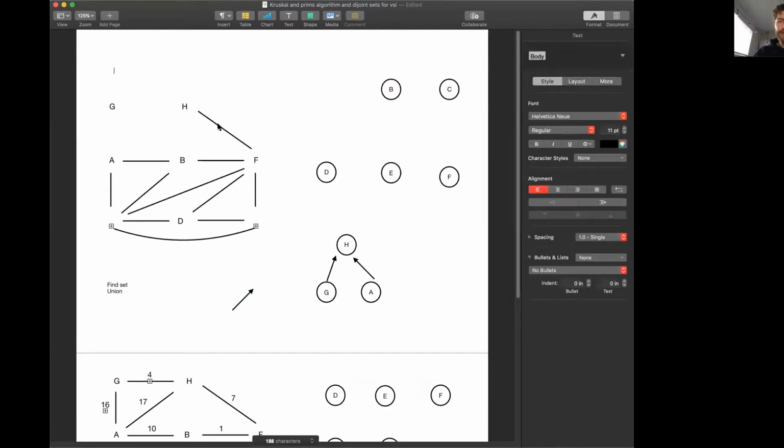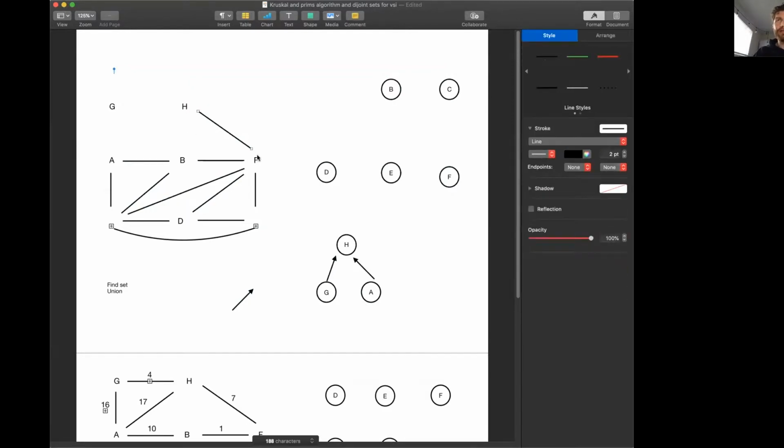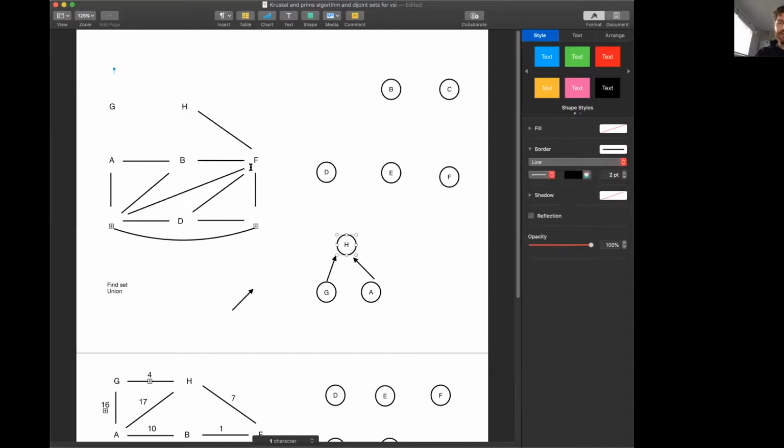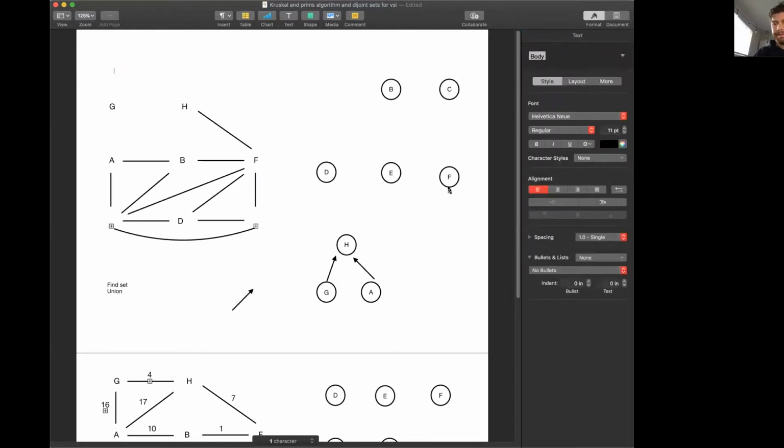Now let me process this one between H and F. I'm going to call find set on H. It should give me back H because it's the root. I'm going to call find set on F, which is this one. What should find set on F give me?